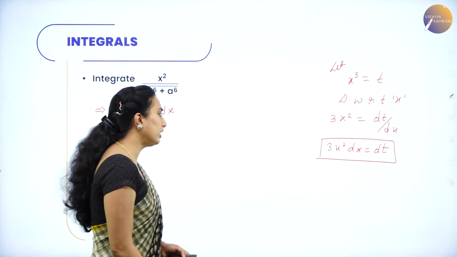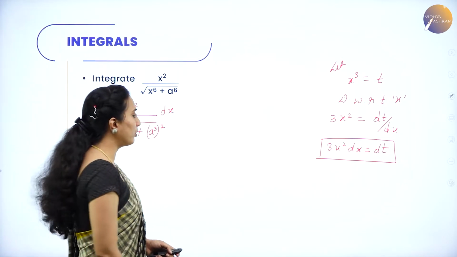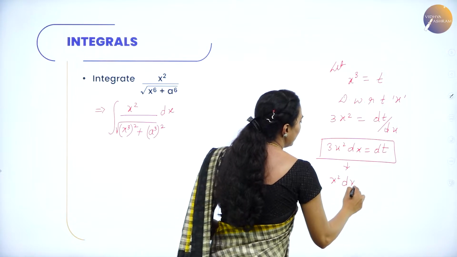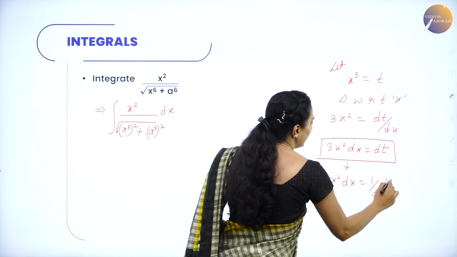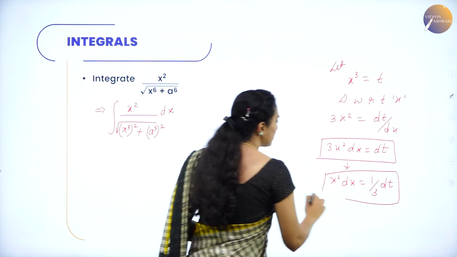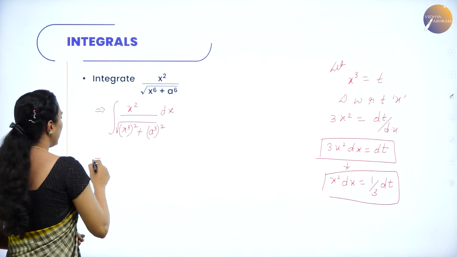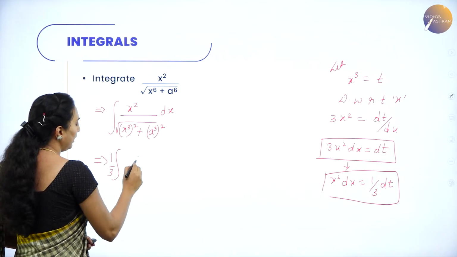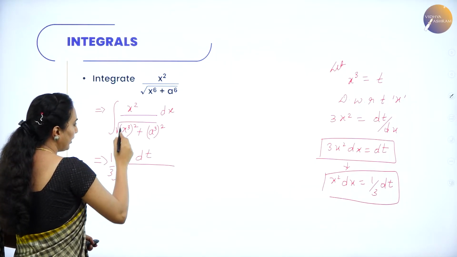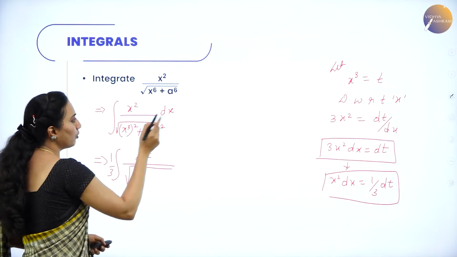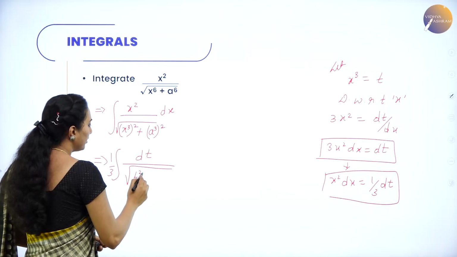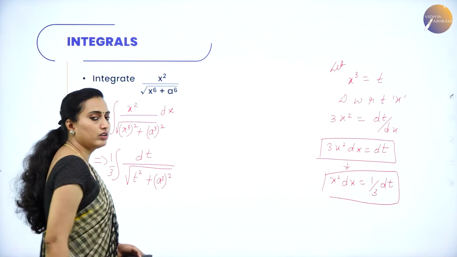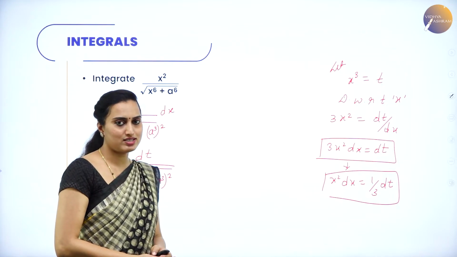Now substituting here, not 3x squared, because you have x squared dx, therefore x squared dx is equal to 1 by 3 into dt. So you have integral of x squared dx, which is 1 by 3 into dt, divided by under the root of x cube whole squared, which we have substituted as t squared, plus a cube whole squared, where a is a constant.